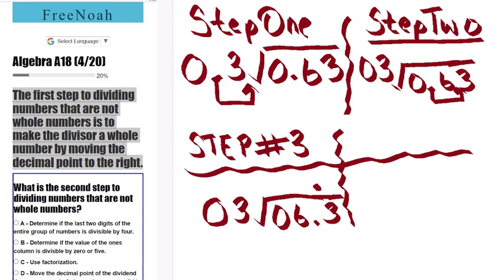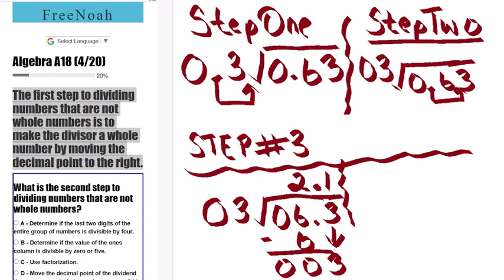So 3 goes into 6 twice. 2 times 3 is 6. 6 minus 6 is 0. We bring down the 3/10. And 3 goes into 3 once. 3 times 1 is 3. 3 minus 3 is 0.